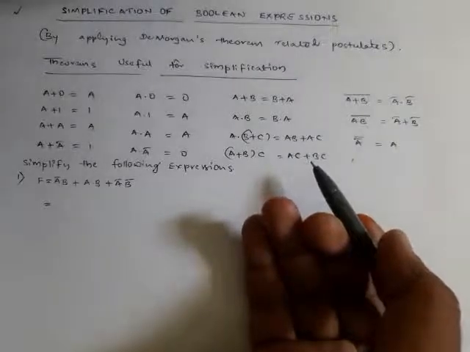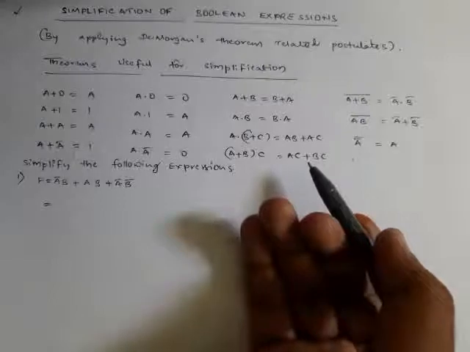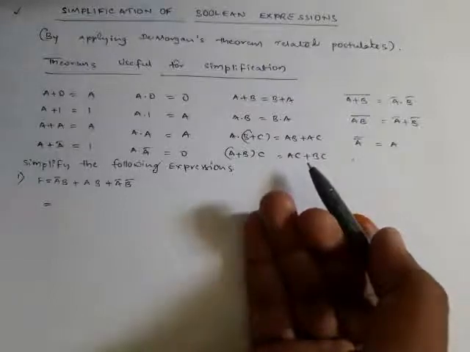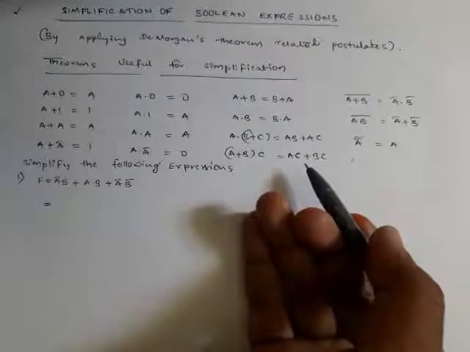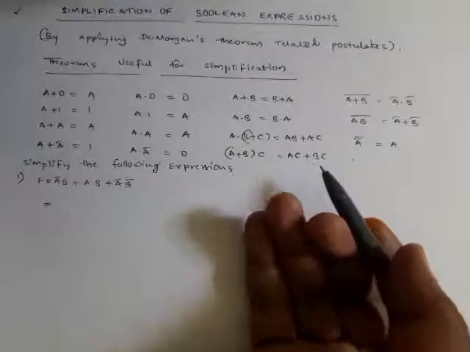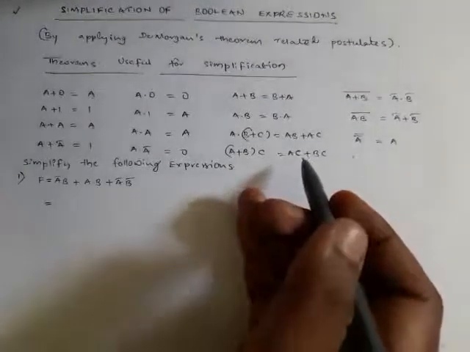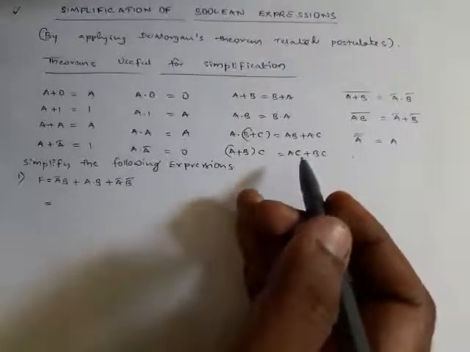So we have learned many of the theorems and the rules in the previous classes. So those rules and theorems, or postulates, can be used to simplify the given Boolean expression, so that it contains less number of operations and less number of variables.